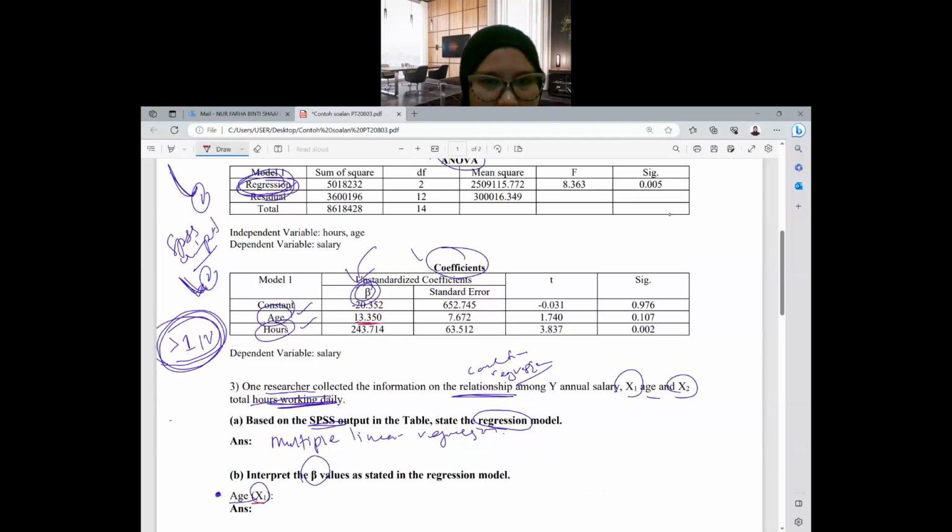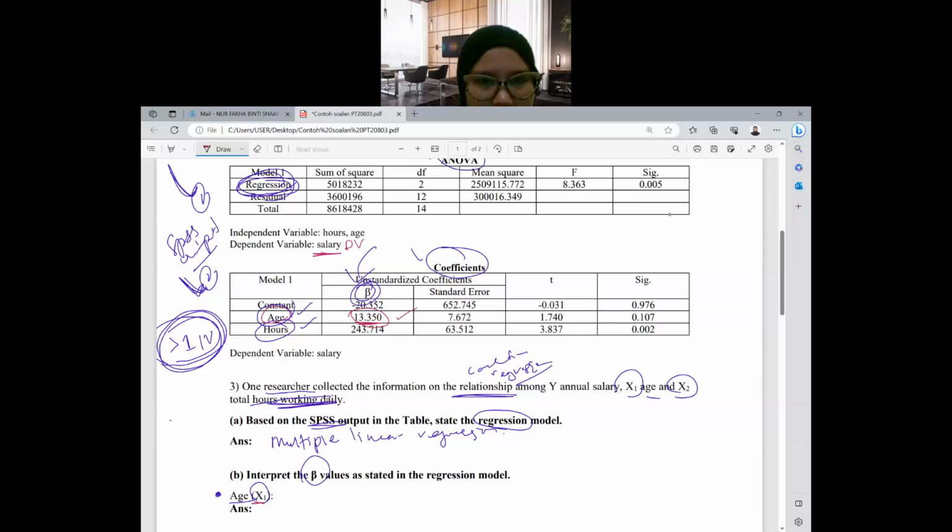It means that for one unit increase in age, the predicted value of the salary, because the salary is the DV, is expected to increase by 13.35 units. That is how you read the beta value in the table.